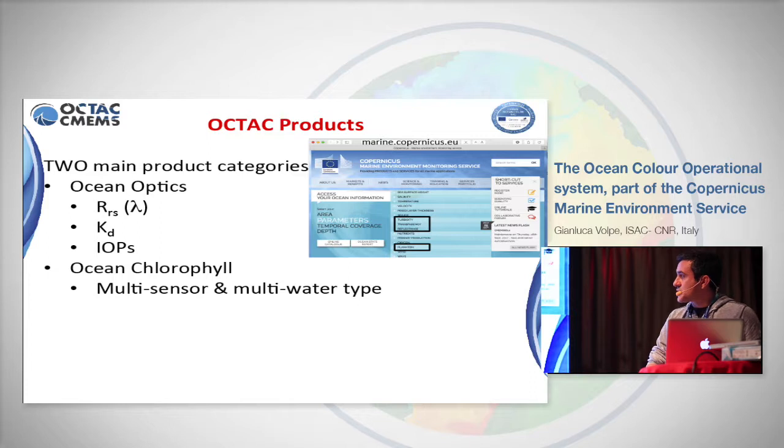And of course, the ocean chlorophyll, which is probably the most known parameter you know from ocean color. The one we provide is multi-sensor and multi-water type, which is kind of different from what you can get from space agencies' websites.